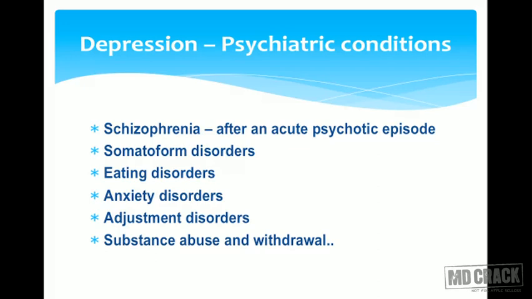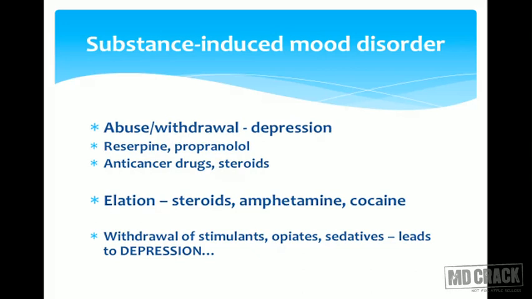Then in somatoform disorders, eating disorders and anxiety disorders, many times you may come across depression. Adjustment disorders is a very important issue in which the patient might present with depression, but you must rule out adjustment disorder. And substance abuse and withdrawal, obviously, we are going to rule out before labeling the patient as having major depressive disorder.